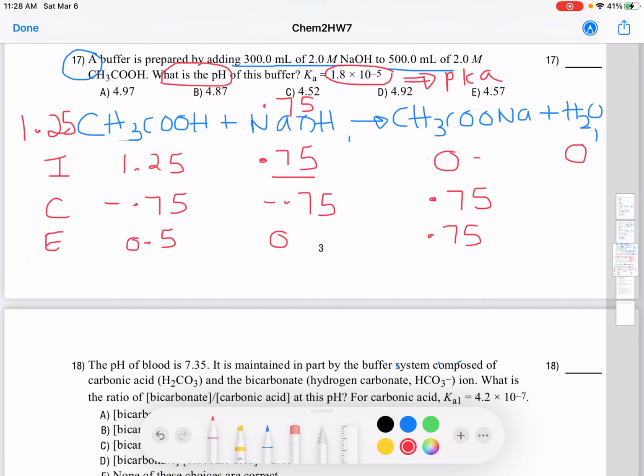Then your pH is going to be that pKa plus log of base over acid concentration, 0.75 over 0.5. That will give you the pH of the solution and you will be able to get one of these answer choices.